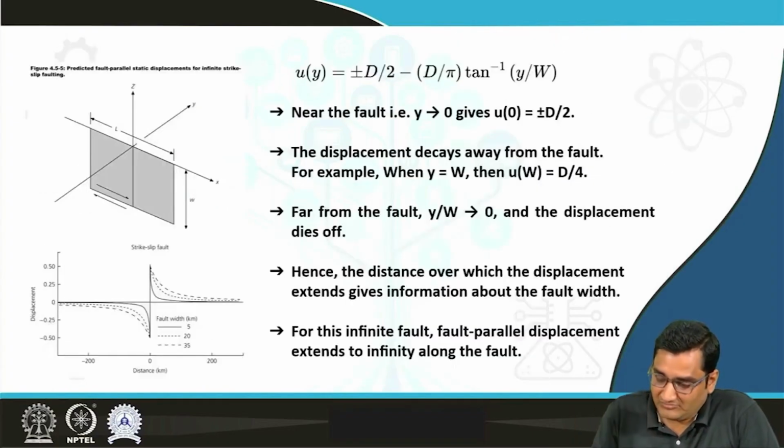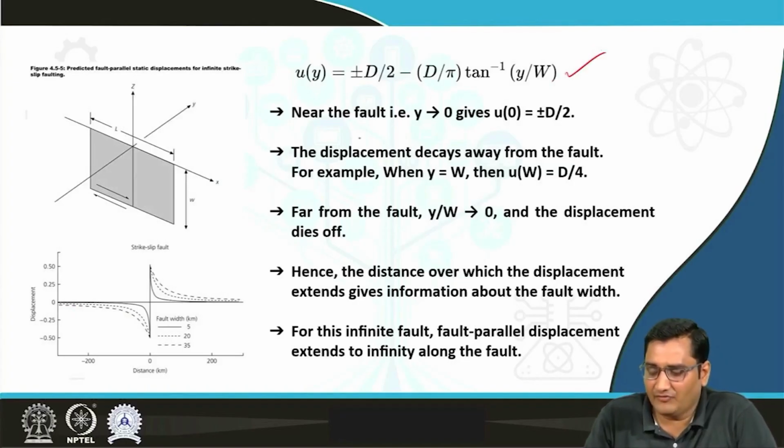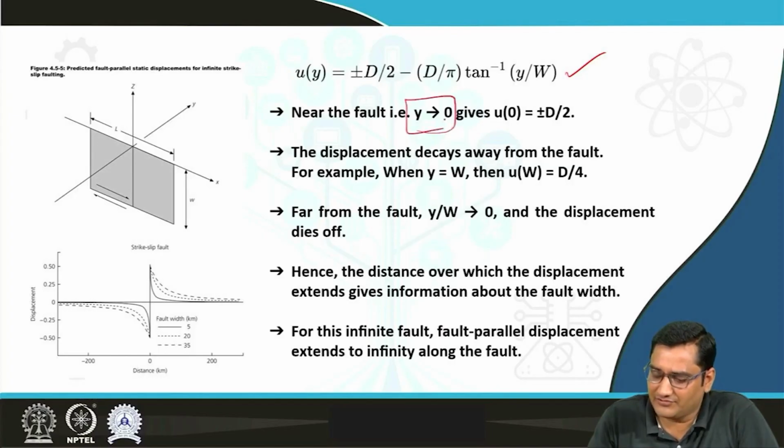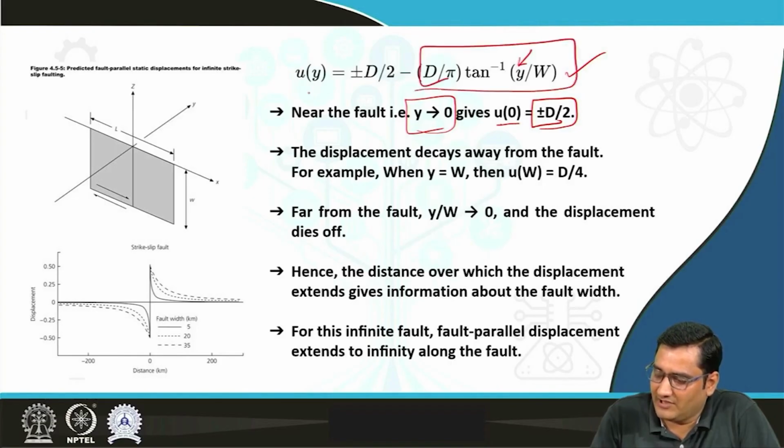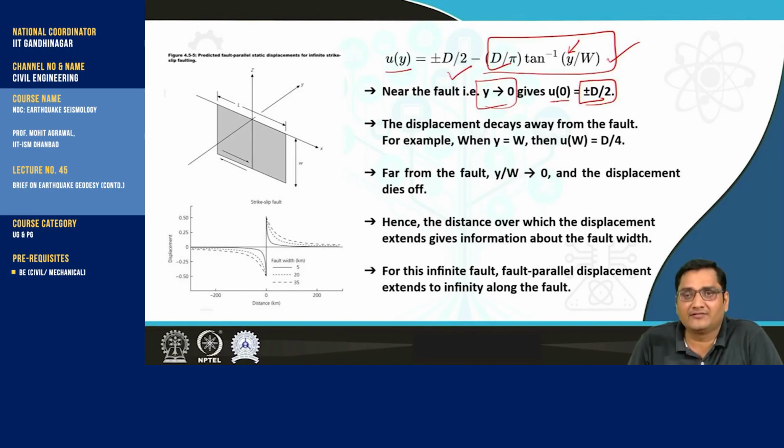So take this formula again and look at it. Near the fault, when y tends to 0, that gives the displacement plus or minus d by 2, because y is 0 here, so this all becomes 0 and uy becomes plus or minus d by 2. The displacement decays away from the fault.